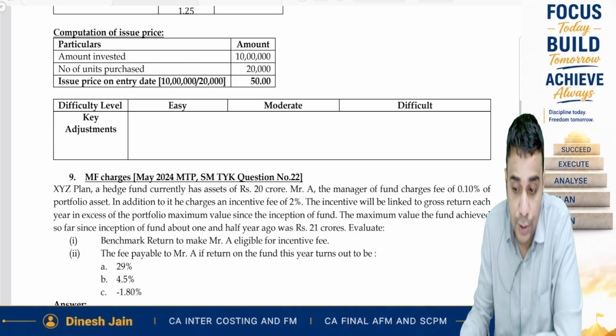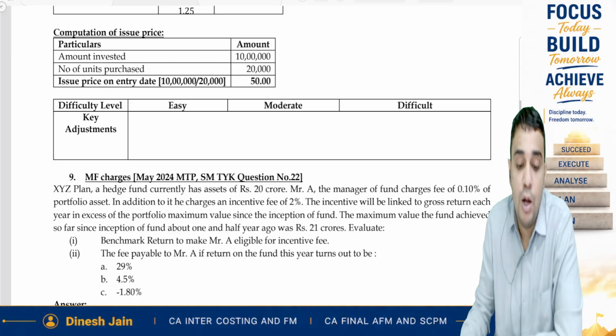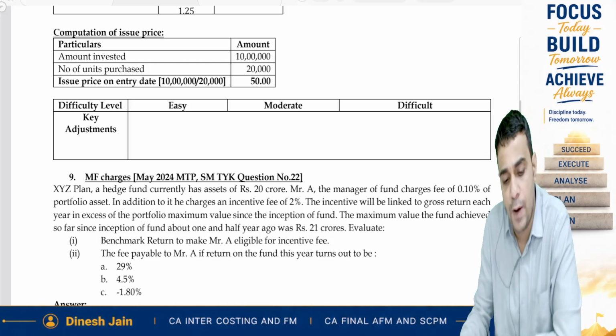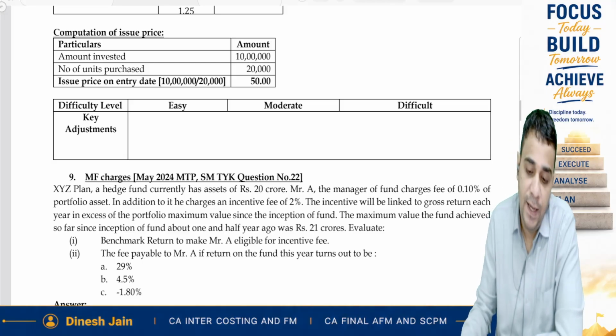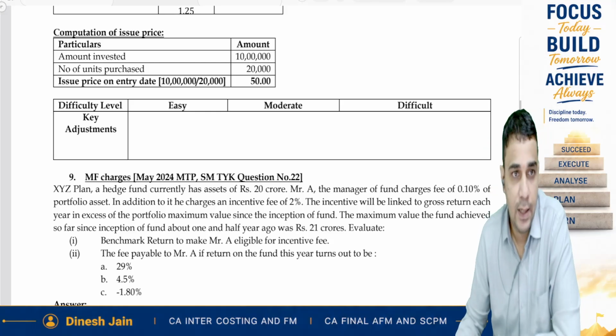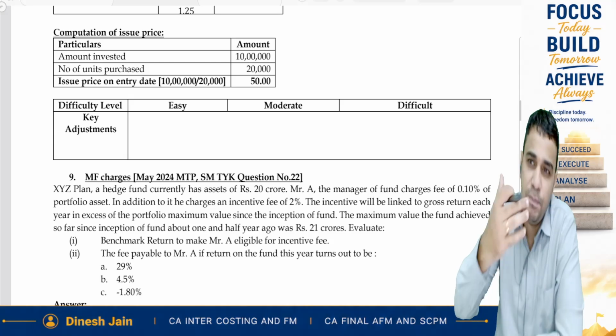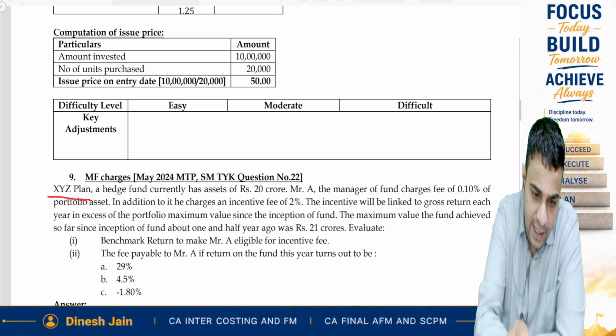Incentive will be linked to gross return each year in excess of the portfolio maximum value since the inception of the fund. Maximum value the fund achieved so far is 21 CR. Benchmark return, fee payable, if it's 29%, 4.5%, negative 1.8%, something is there, but let me spend time and then we start solving.